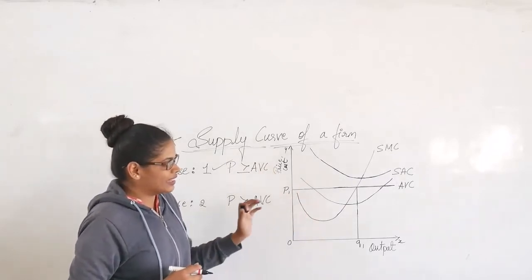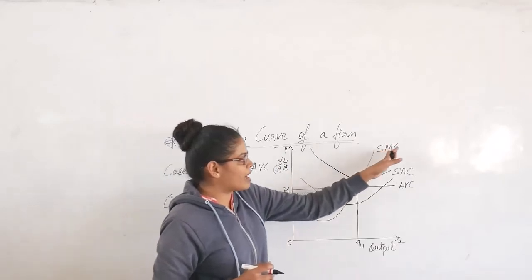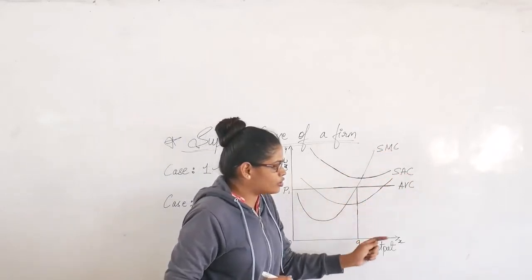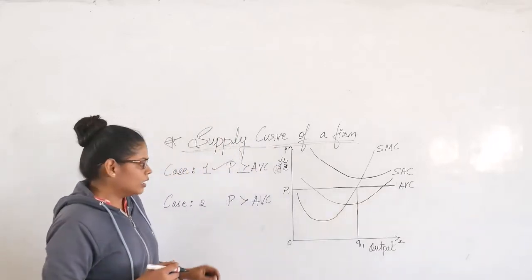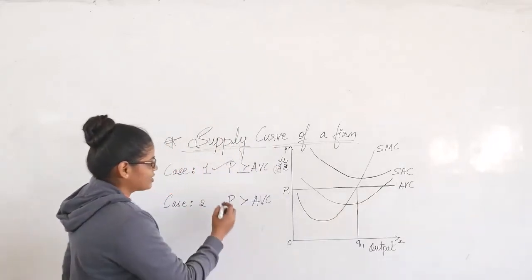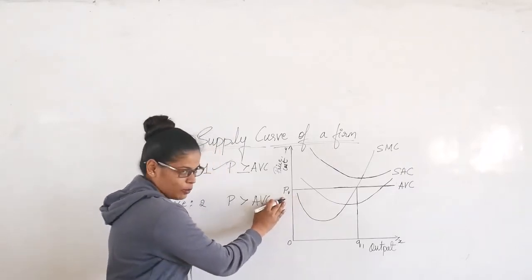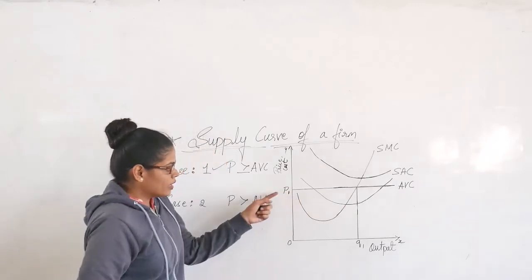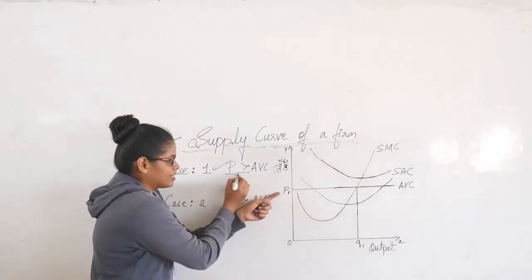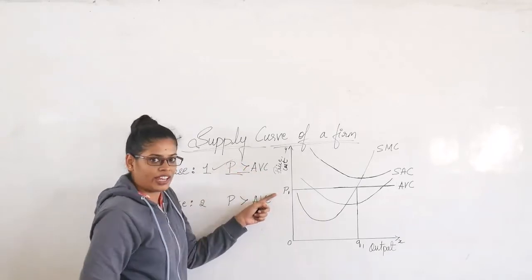Here you can see the graph which has three curves: the short run marginal cost, the short run average cost, and the average variable cost. In the first case we have the price P1, which is the market price. This case talks about the price being greater than or equal to the average variable cost.